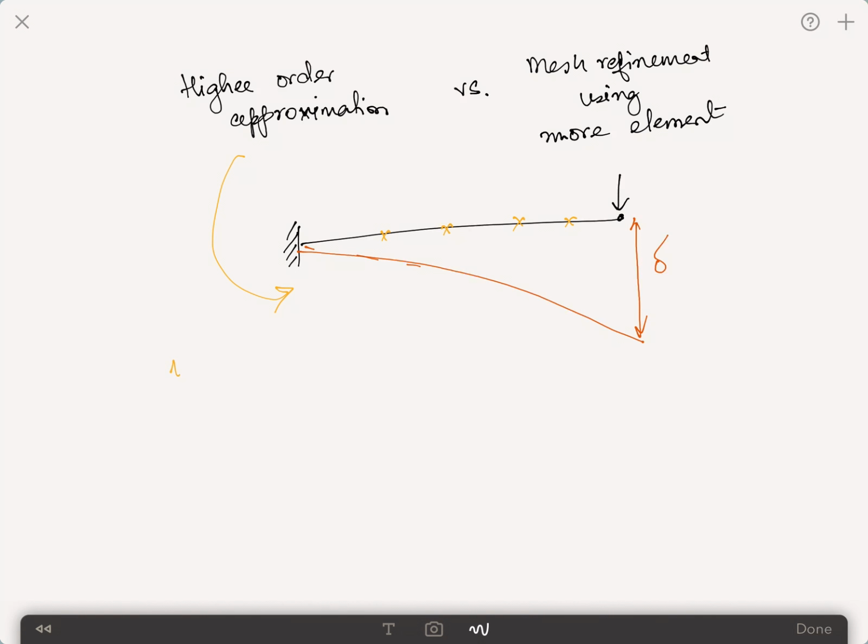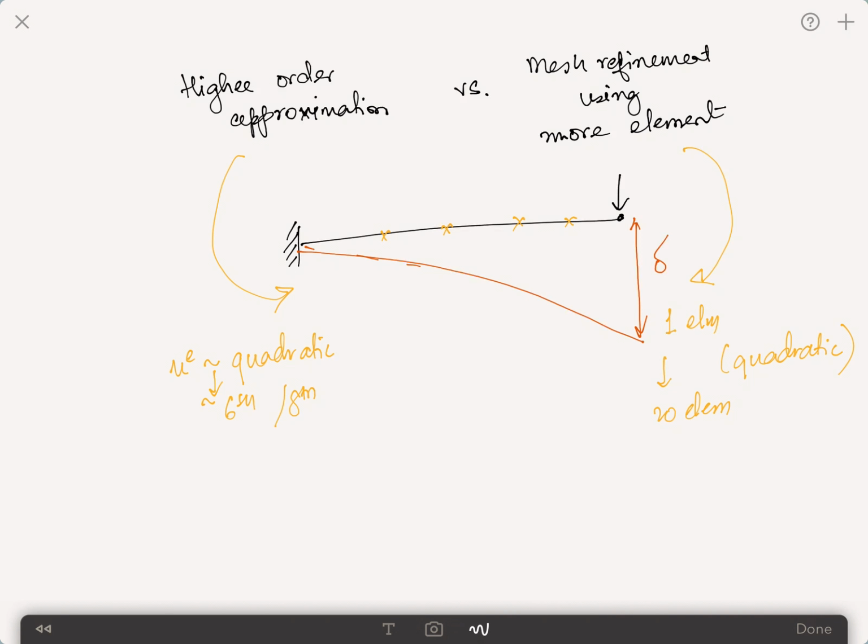I basically go from u^e being quadratic to a much higher order. It could be 6th order or 8th order, depending on how many degrees of freedom I add. But at the same time, I could just use mesh refinement from 1 element to 20 elements, and all these elements would still be quadratic, in the case of beam elements, and I would still get the correct answer.